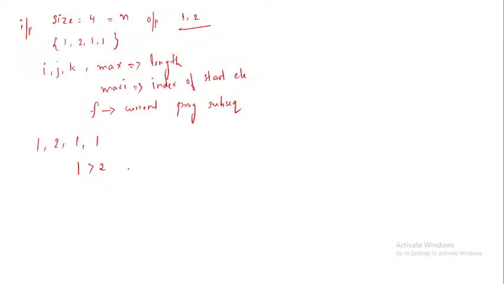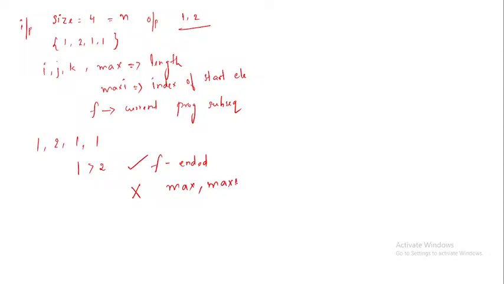So if this condition is satisfied, what will happen? F will be ended. What is F? The current progressive subsequence. What if the condition is not satisfied? If the condition is not satisfied, I will update the maximum length as well as the index of the start element of the longest progressive subsequence. So if this condition is not satisfied, I'll update two variables.